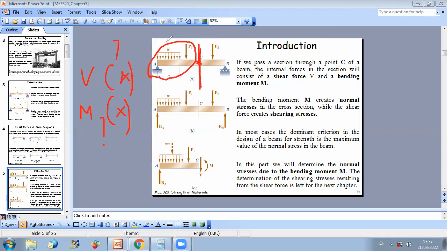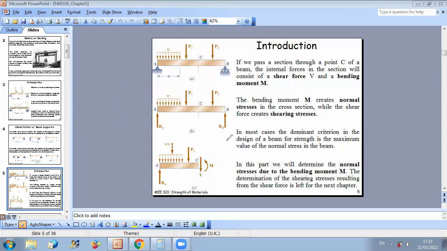And I should respect the conventions for shear and bending moment. Let us remember what these conventions are. V is always positive in such a way that it will rotate clockwise about the extremity of the beam. So here, if you do the analysis of the left part and you reject the right part, then the shear force at section C should rotate about A clockwise.